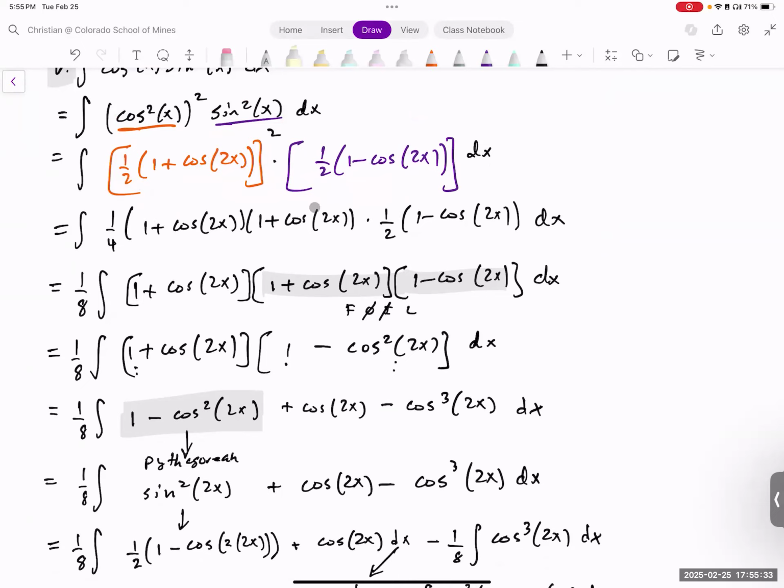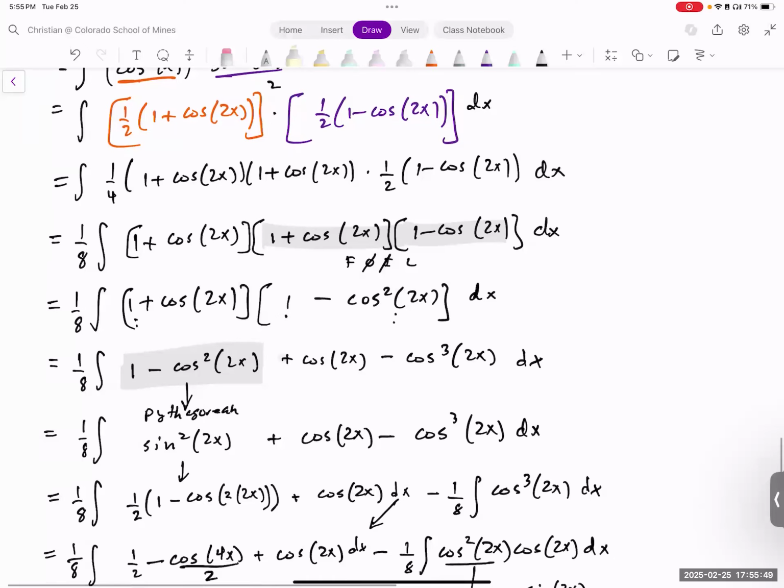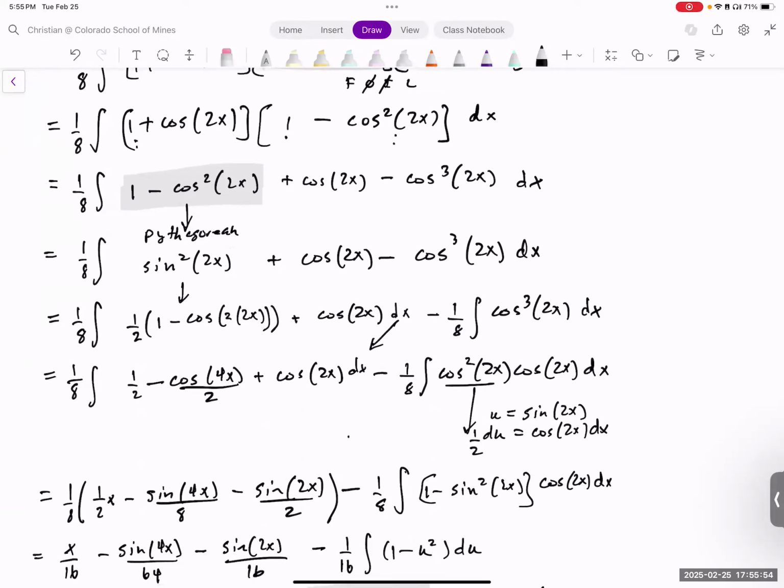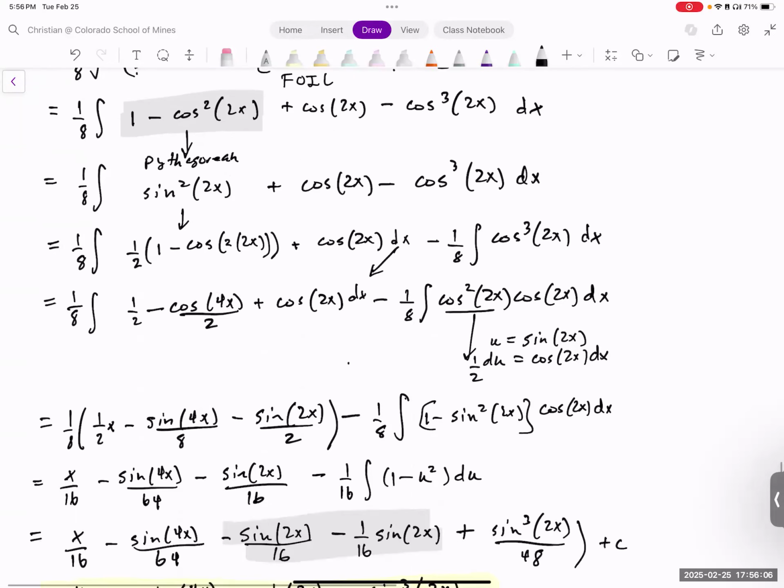We have 2 of these, and then still a half, 1 minus cosine 2x. Yep, put the half with the 4th, made an 1/8. Have all 3 factors here. I foiled here, 1 plus cosine 2x, 1 minus cosine squared 2x. Then you have to foil again. We ended up with the 1 minus cosine squared 2x plus cosine 2x minus cosine cubed 2x. I think this is working out, yeah.